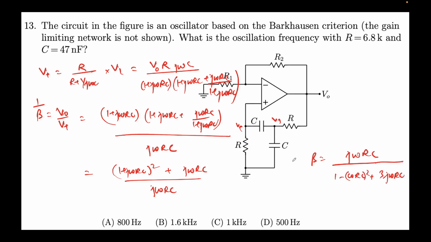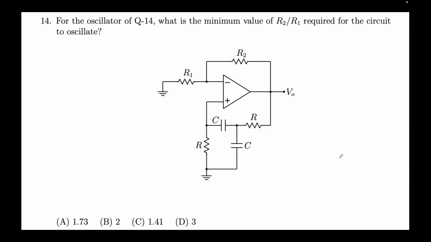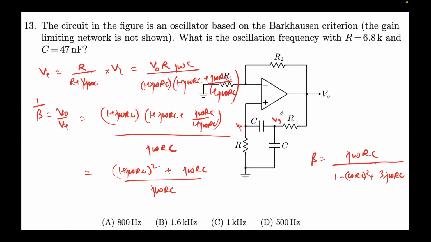Okay, and we also know that A times beta must be 1, which is a real number. A is also a real number, so beta has to be a real number.